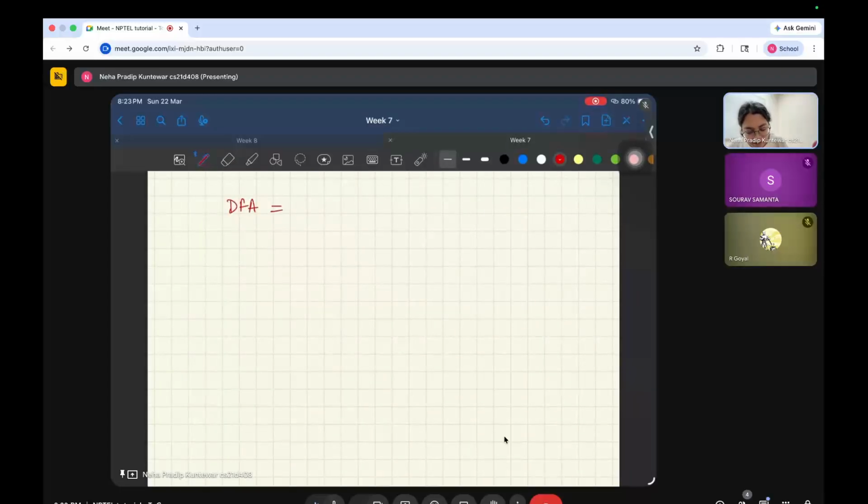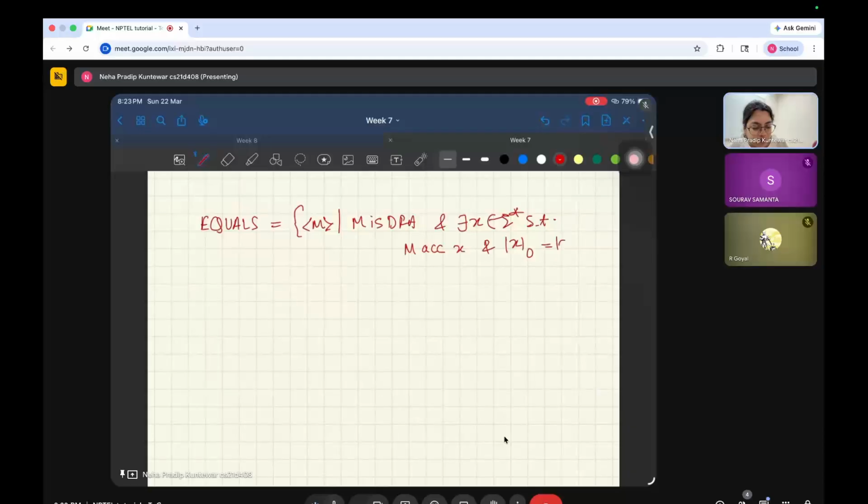So you have equals, which is the set of all M such that M is a DFA and there exists x in sigma star such that M accepts x and the number of zeros in x is the same as the number of ones in x. This means an equal number of zeros and ones.